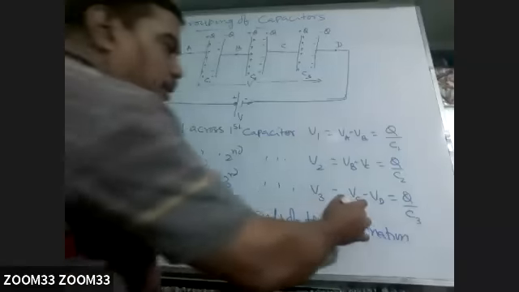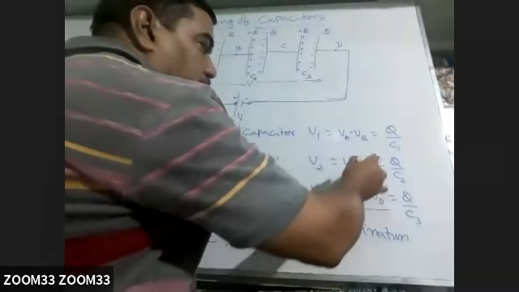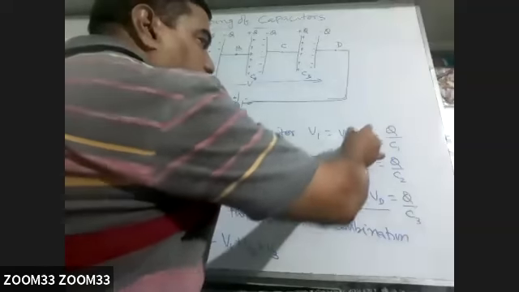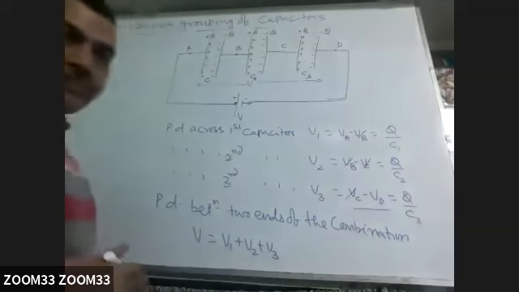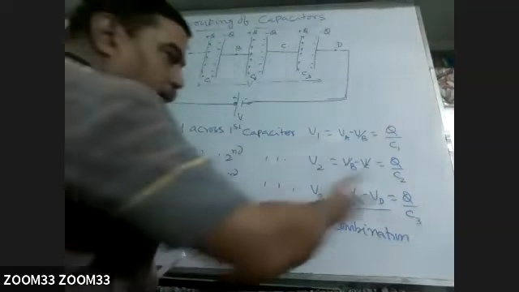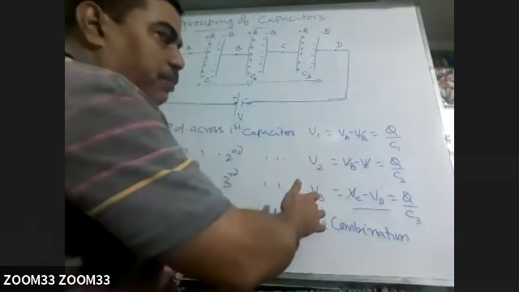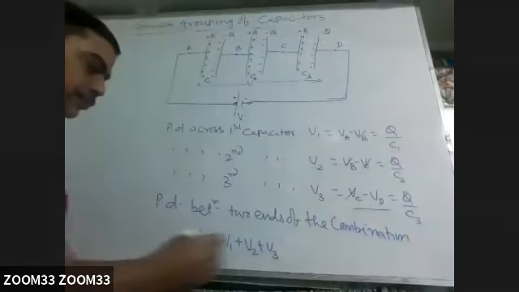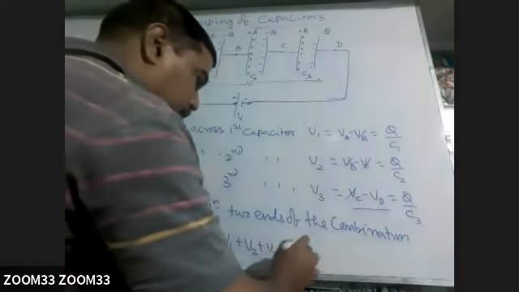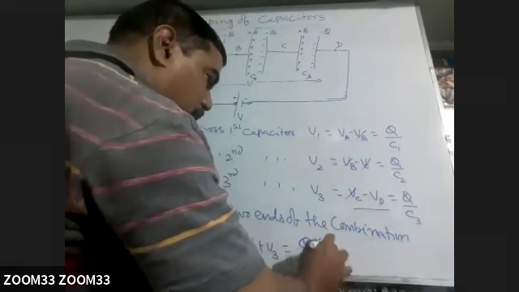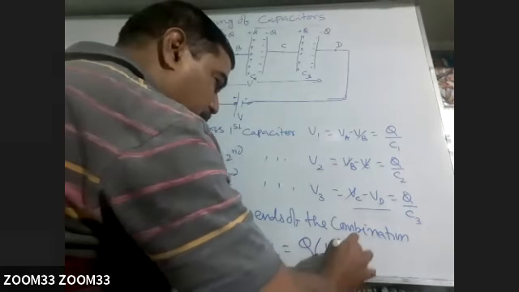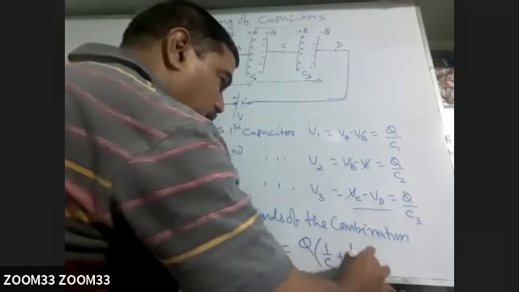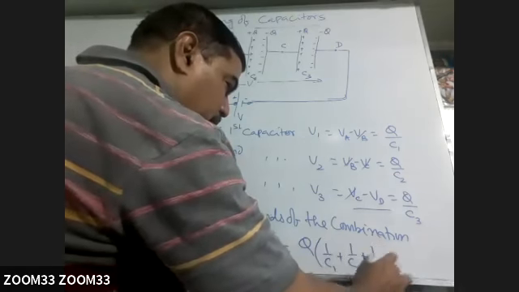So if you are adding these three, VC cancel, VB cancel, what is left? VA minus VD. So V1 plus V2 plus V3 will be VA minus VD, and this is this much. So Q we can take common, 1 by C1 plus 1 by C2 plus 1 by C3.